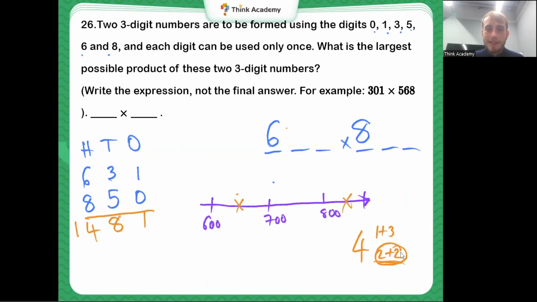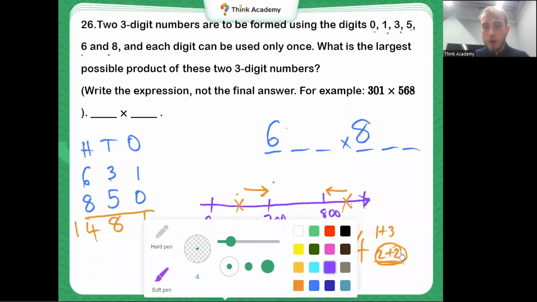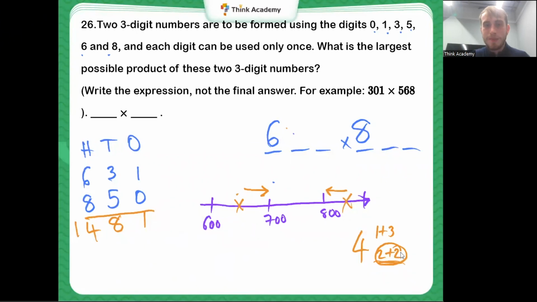But if I want these to be as close together as I can, I want my 600 to be as big as I can get it, and my 800 to be as small as I can get it. So I want to squeeze these numbers closer together to try and find the biggest product. With 600, the smaller one we've chosen, I need to make that as big as possible. So I'm going to choose the biggest 10, which is 5, and the biggest 1, which is 1.